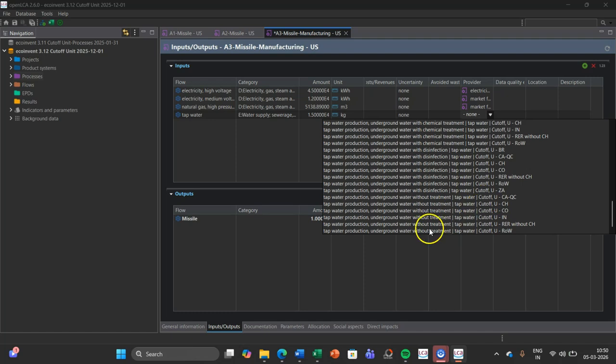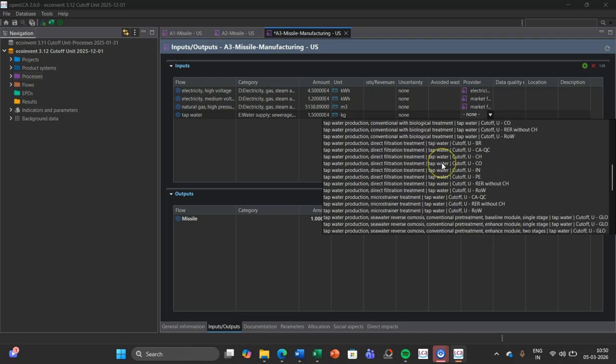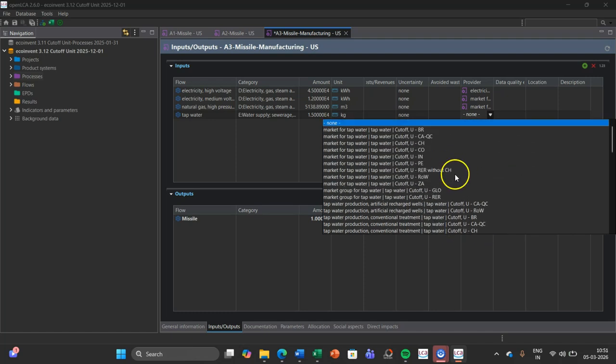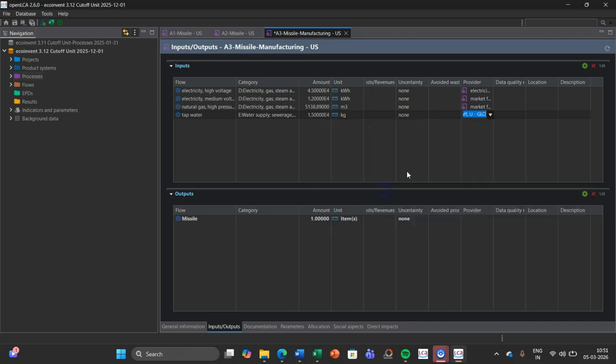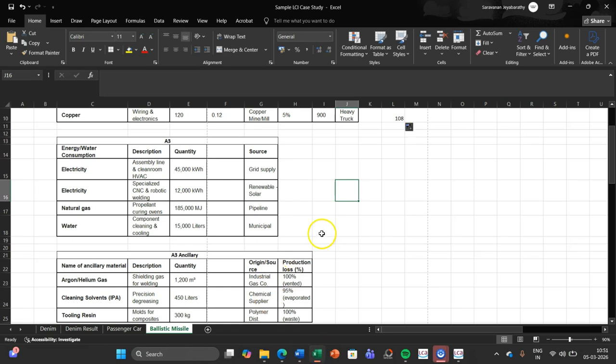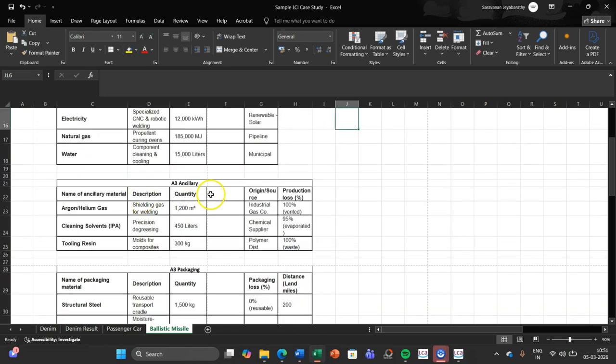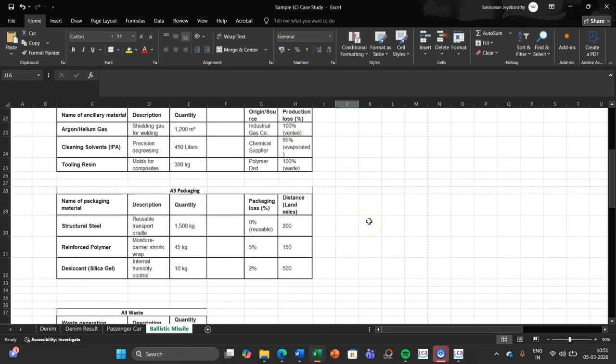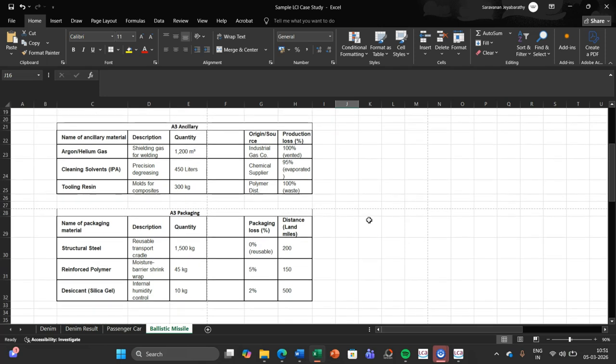Unfortunately, no. Tap water production, market for tap water production, global, let's use that. Okay, there comes the A3 manufacturing is done. Now A3 ancillary. Okay, A3 ancillary.